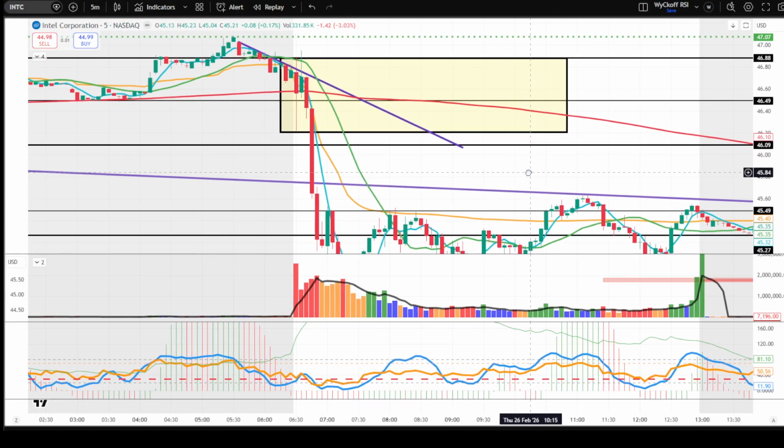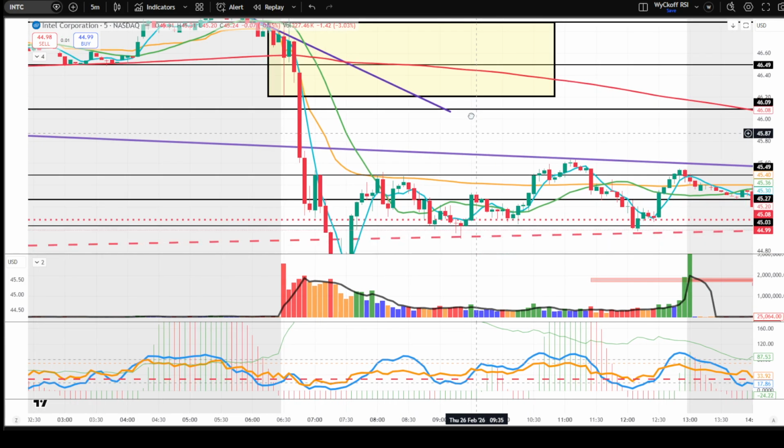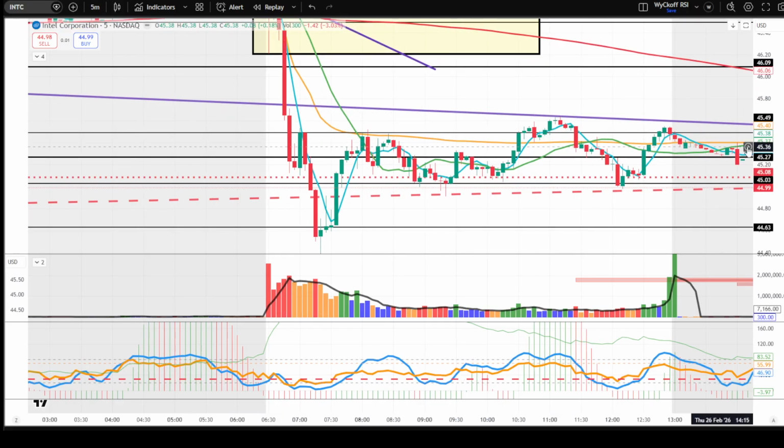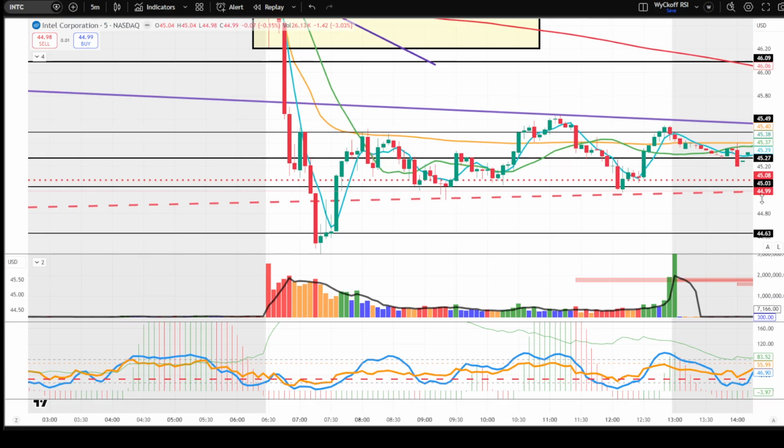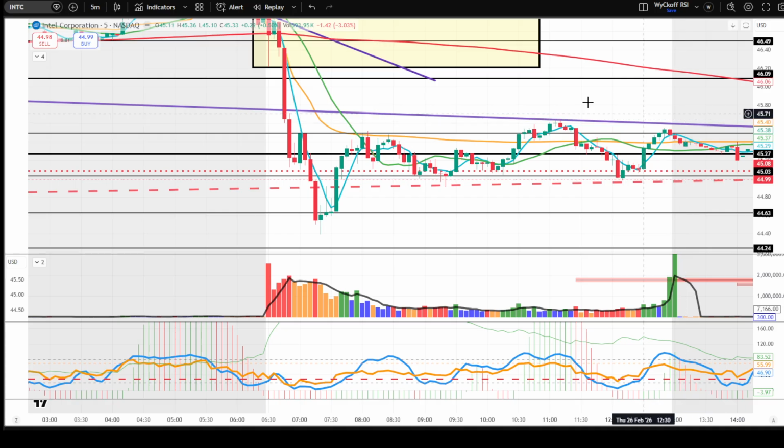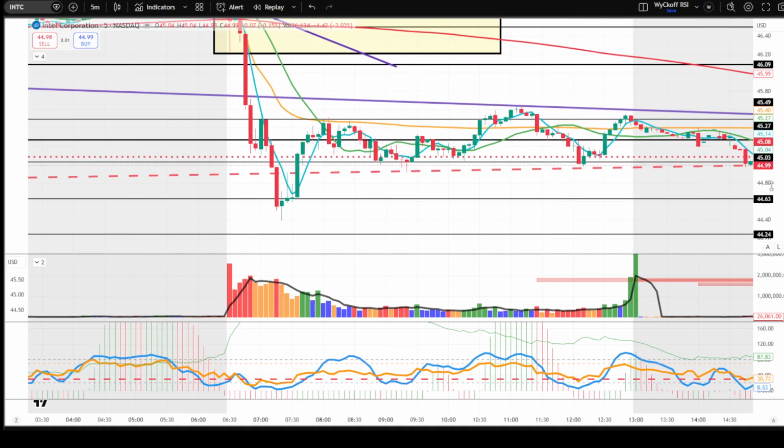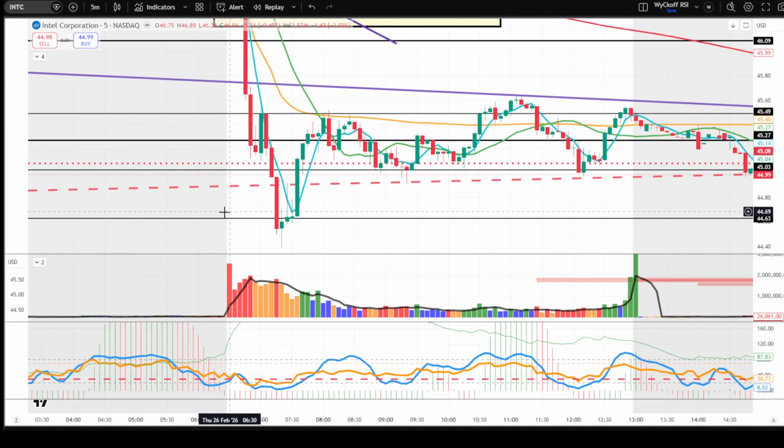So you just don't have the opening range breakout, but you also have the VWAP trade and support and resistance trades all working together. And that's how you have confluence and you see the bigger picture of everything that's going on.